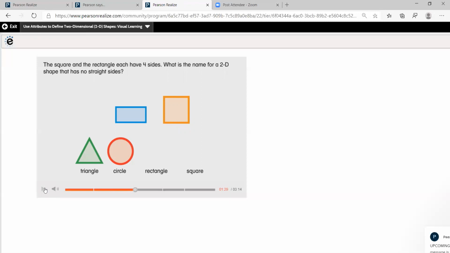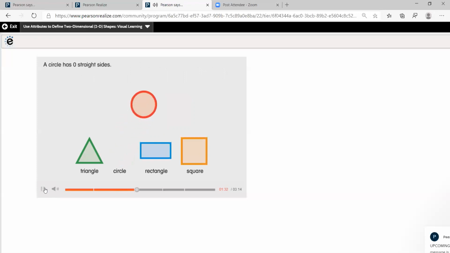What is the name for a 2D shape that has no straight sides? Can you find a shape that has no straight sides? A circle has zero straight sides. The circle is round.